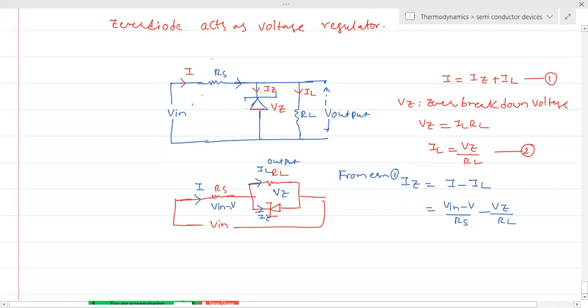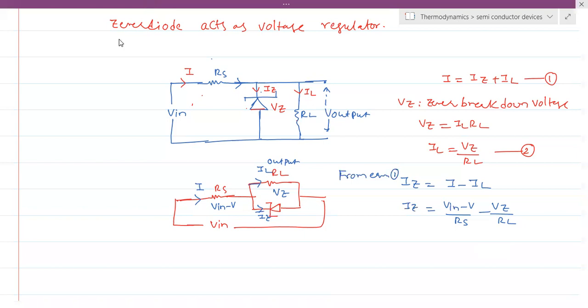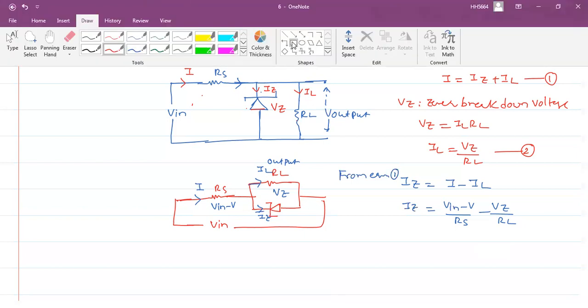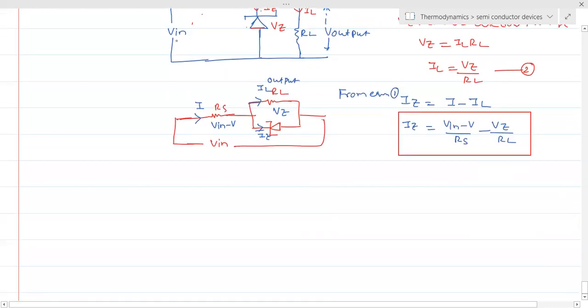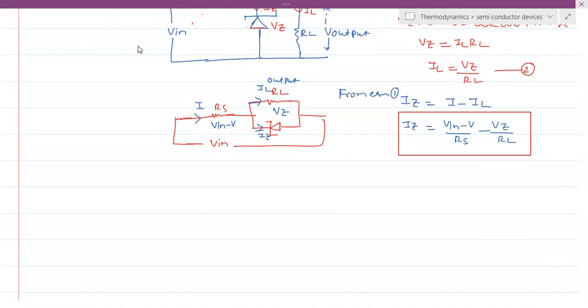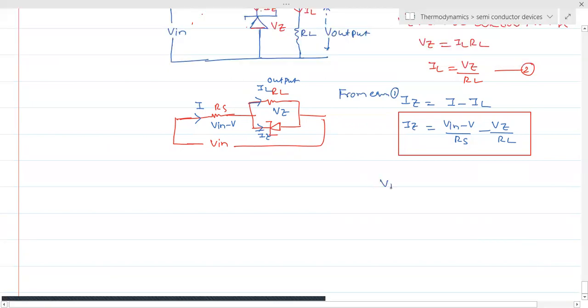So the potential difference across the series resistance gives I as V input minus Vz by Rs. This is very important. Generally, this year we have main questions majorly from this formula for Iz. And V input equals I into Rs plus Vz.